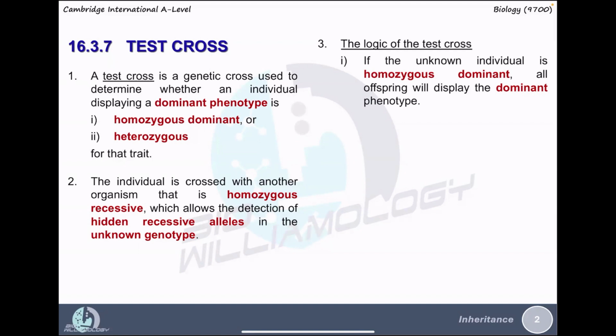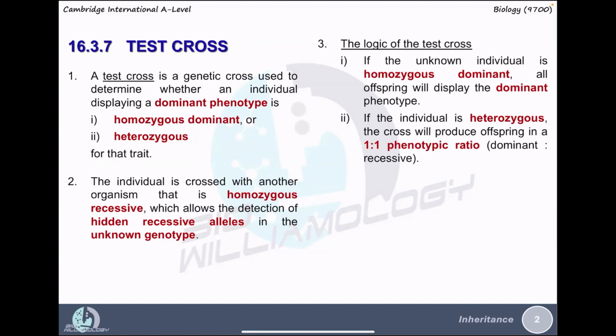So the logic of the test cross: if the unknown individual is homozygous dominant, then all offspring will display the dominant phenotype, right? Because homozygous dominant crossed with homozygous recessive gives all offspring displaying the dominant trait. However, if the individual is heterozygous, the cross will produce offspring in a 1-to-1 phenotypic ratio of dominant to recessive.